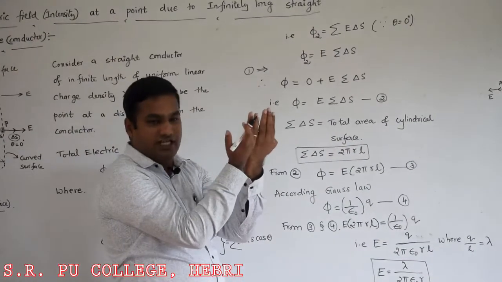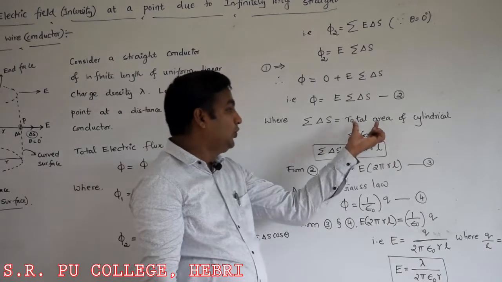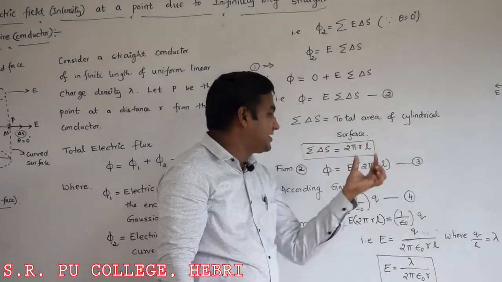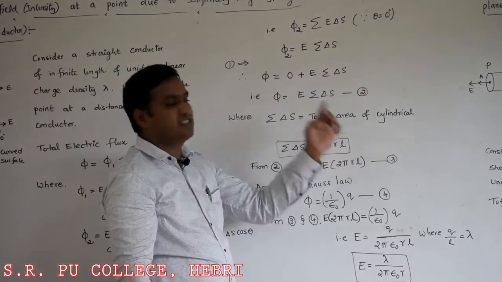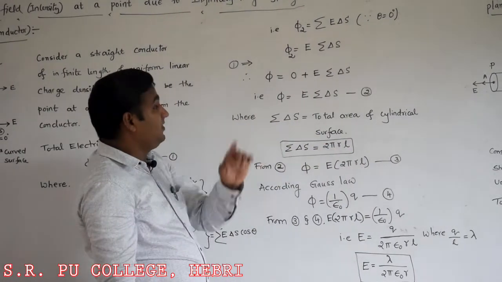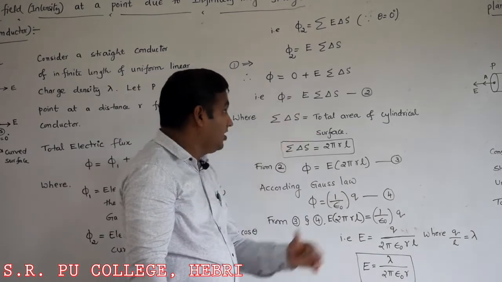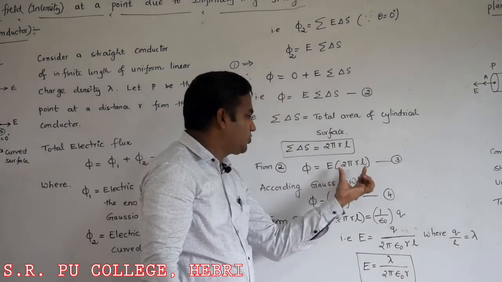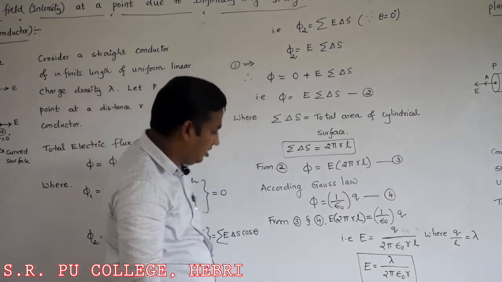Therefore, summation delta S is equal to the total area of the cylindrical surface, which is 2 pi RL. From equation 2 we get phi is equal to E, and in place of summation delta S we take 2 pi RL. We call this equation number 3.